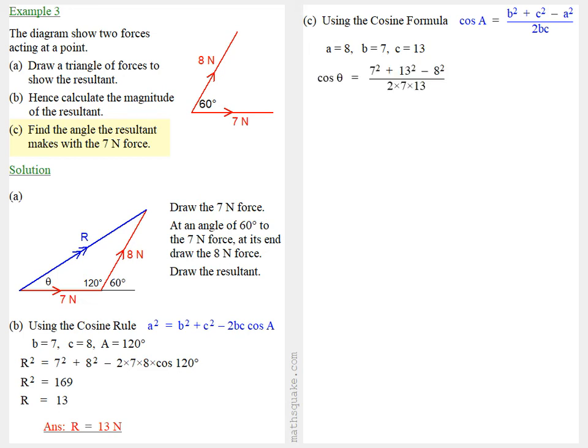So, the cosine of theta is 7 squared plus 13 squared minus 8 squared, all over 2 times 7 times 13, which works out to be 0.8461538. Now we want the inverse cosine of that. So theta is 32.20423 degrees, or rounding it off, theta is 32.2 degrees.